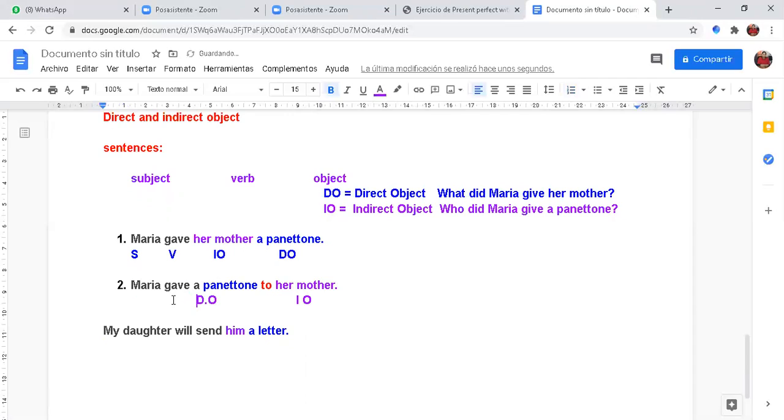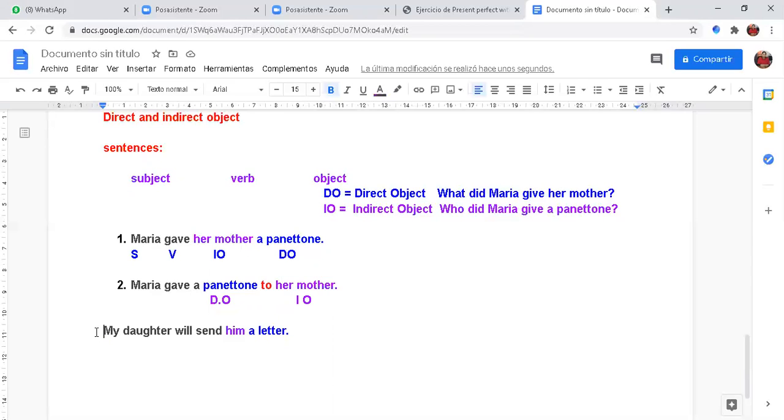So a panettone we can take first. Maria gave a panettone to her mother, and her mother goes at the end. When we use that order, we need to. Okay, to is a prepositional phrase and introduces the indirect object.